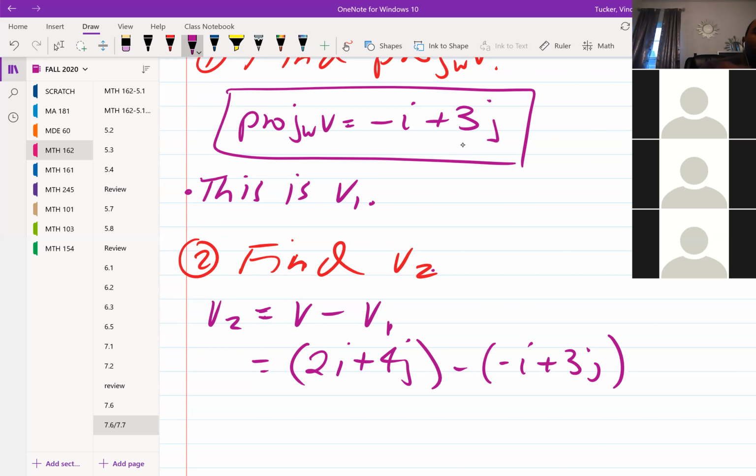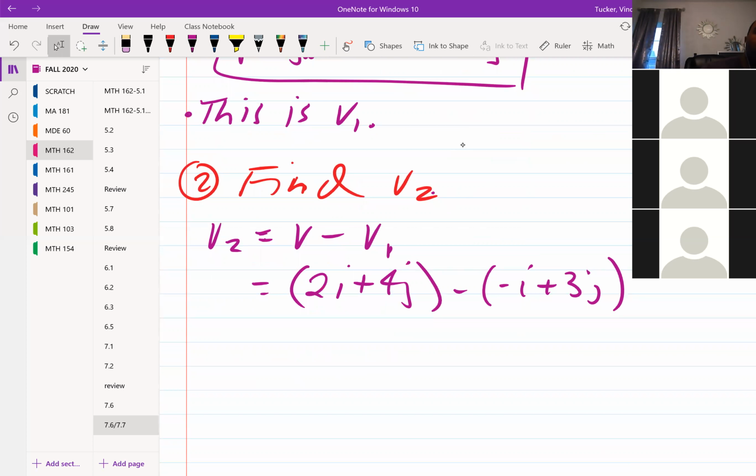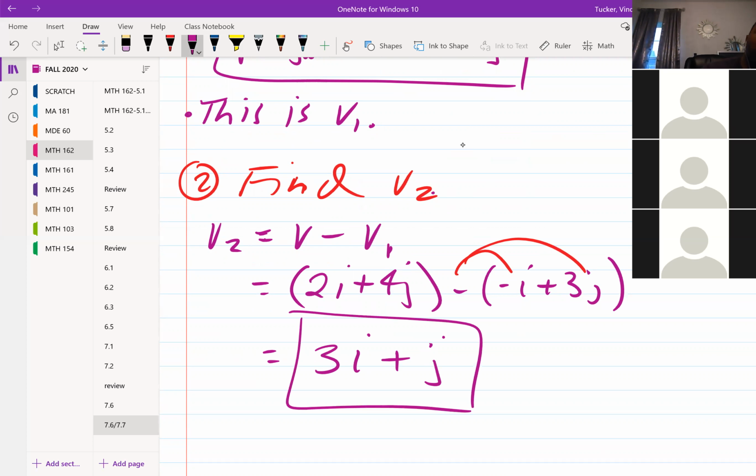All right, go ahead and combine your like terms accordingly. Don't forget this minus sign. Let's go to each term that follows. So it's going to be 3i + j. And that's going to be v2.